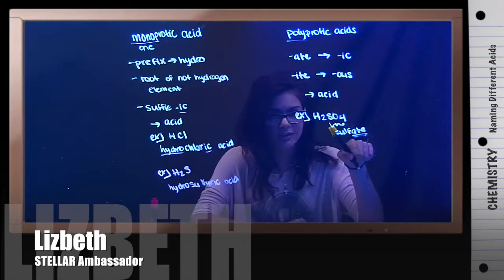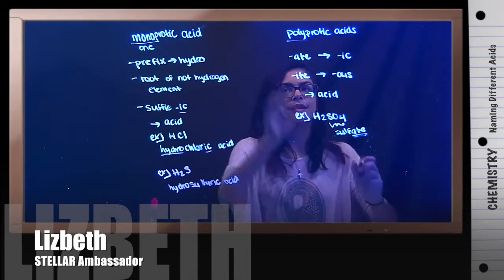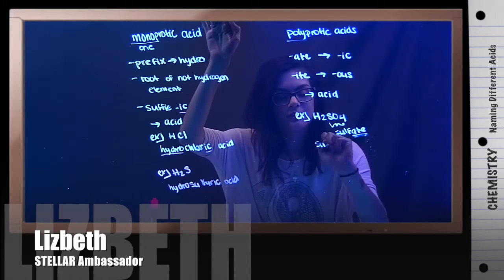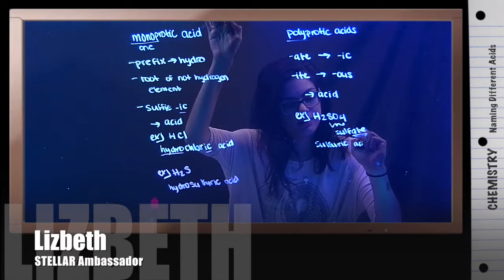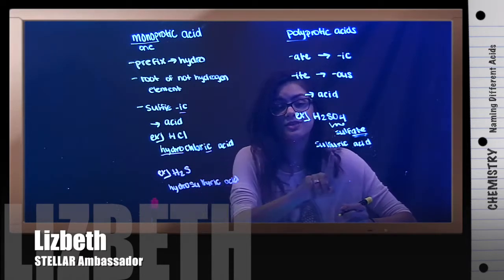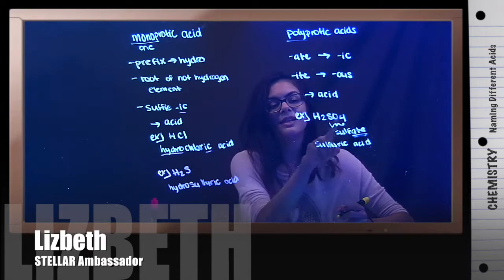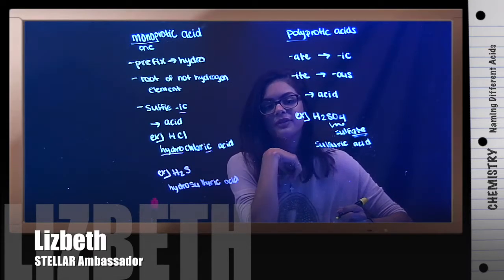This is the major key right here. If it ends in -ate, we're going to change that to an -ic. So now I'm going to have sulfuric acid. It seems very similar to the hydrosulfuric acid, but here we have this oxygen, and that's what changes the name to not have hydro in front of it.